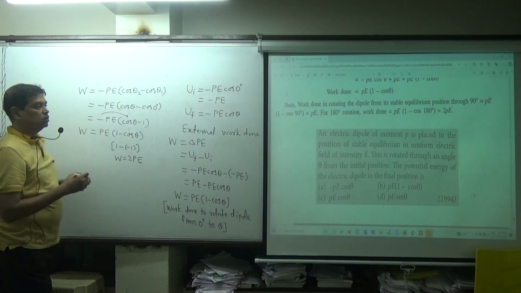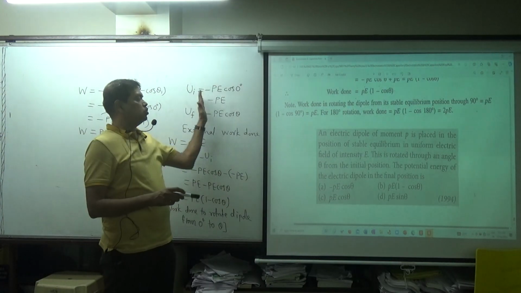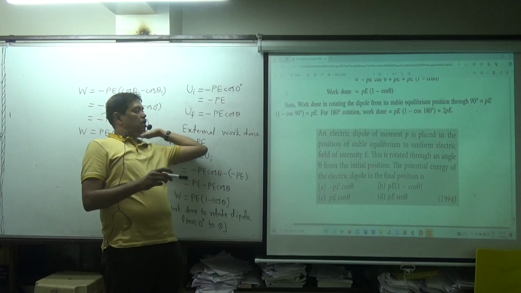So work done to rotate from stable to 90 degrees and stable to 180, that is unstable position.